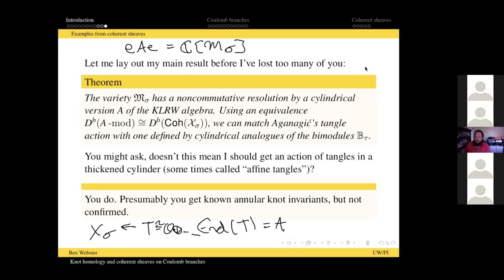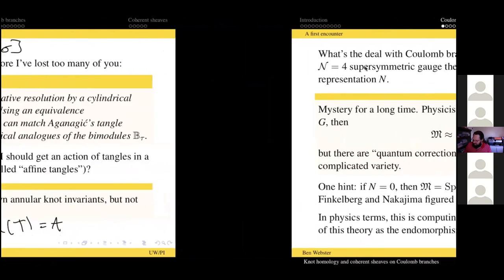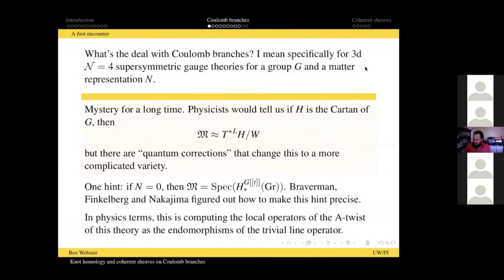And the answer is absolutely yes. So you get invariants not of knots drawn in the plane, but knots drawn on a cylinder. Presumably these are the same as annular knot invariants people already know, but I haven't actually checked this. It's one of these results where it must be, but I haven't actually confirmed that. All right.